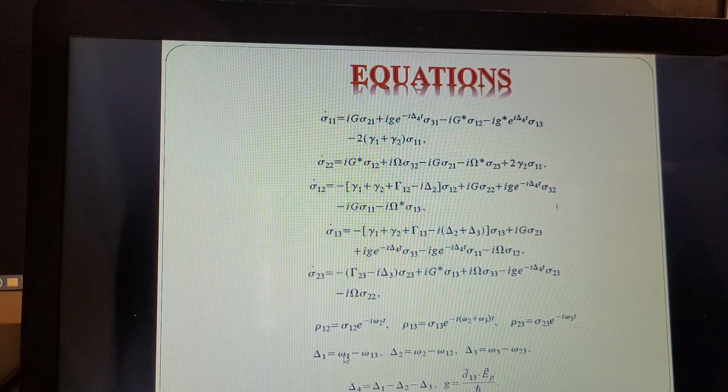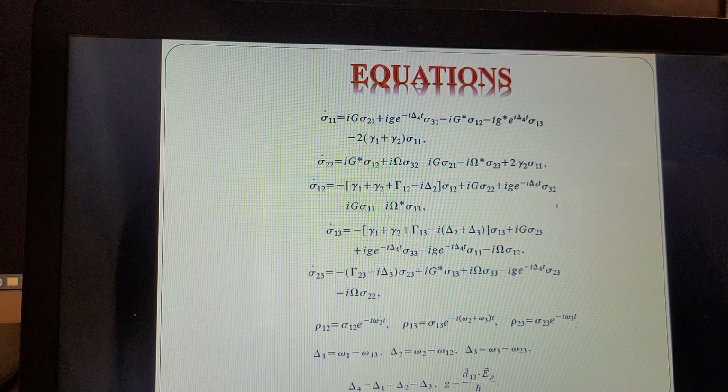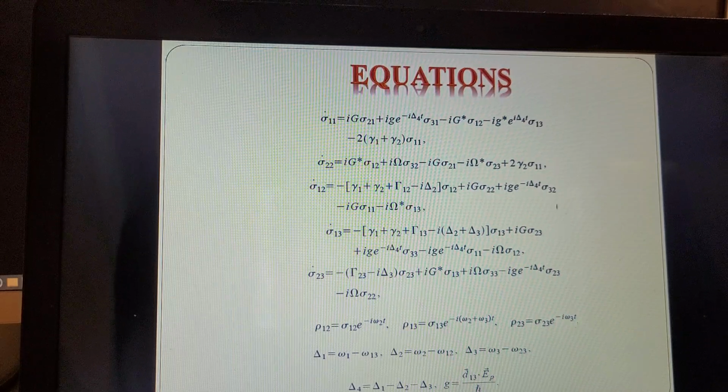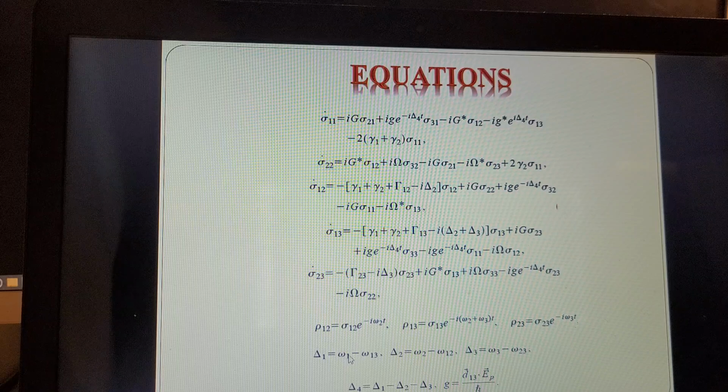Omega 1 is different from the transition frequency between two states. We always have spontaneous emission between the states, and the frequency of this emission is called the transition frequency. The difference between the frequency of the laser and the transition frequency is called detuning.